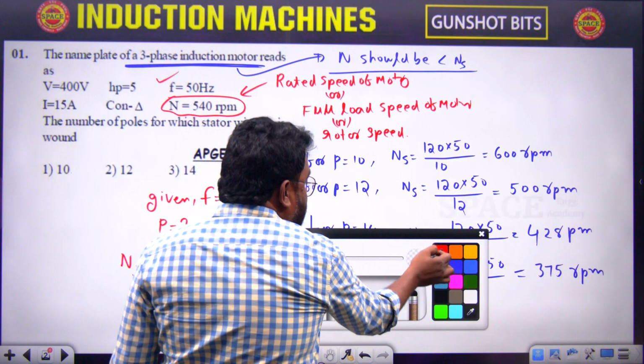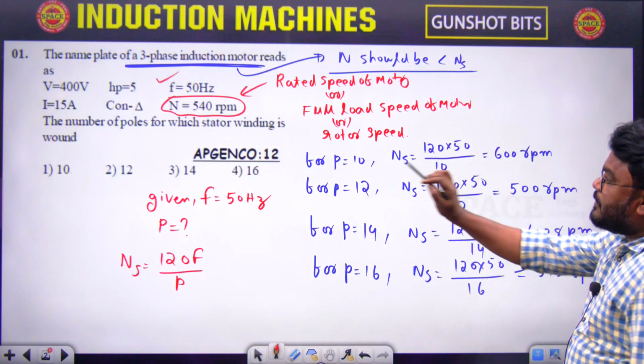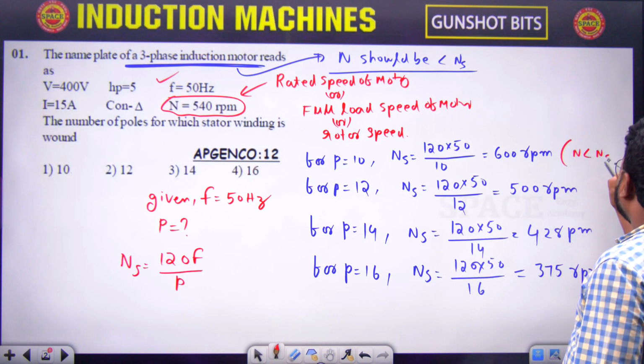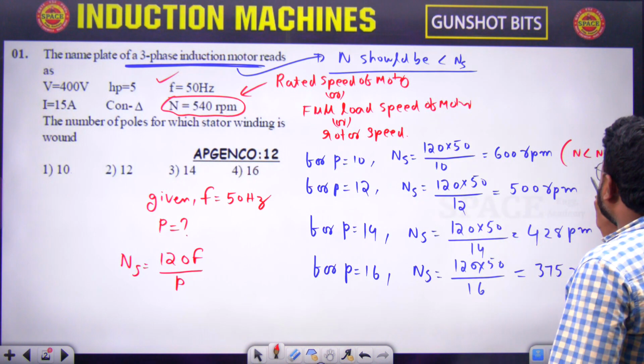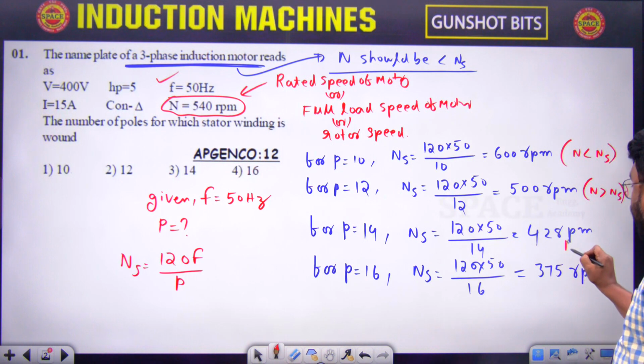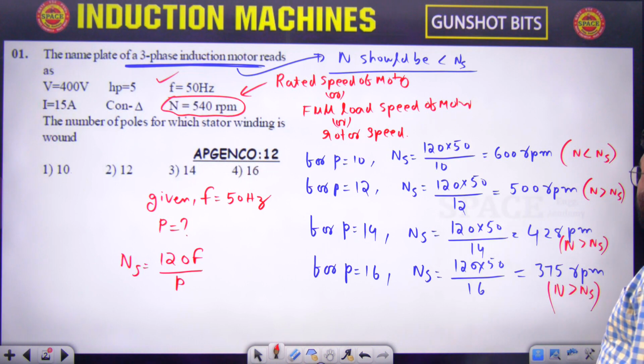Now we can verify. For the 10 pole machine, the speed of the machine is less than the synchronous speed. For the others, the given speed is greater than the synchronous speed.